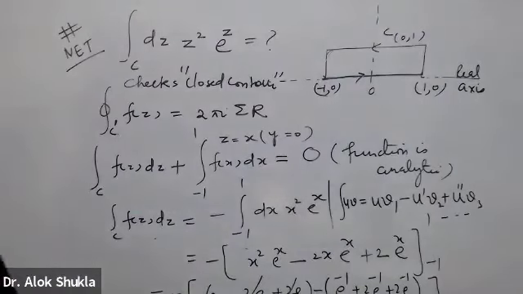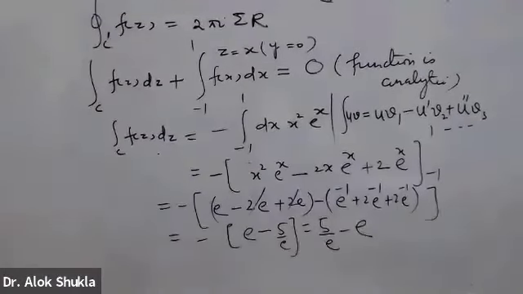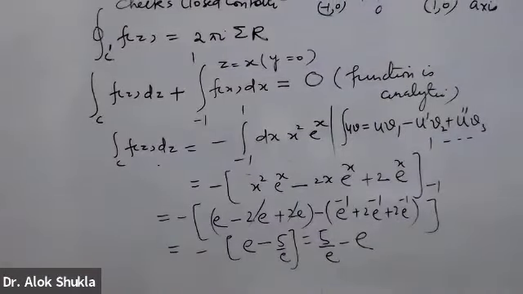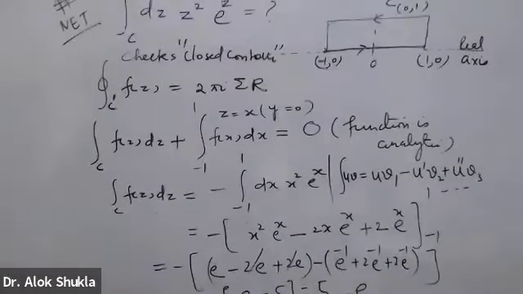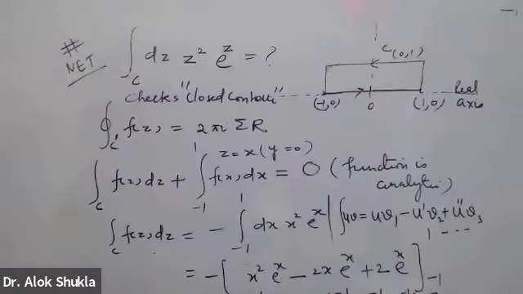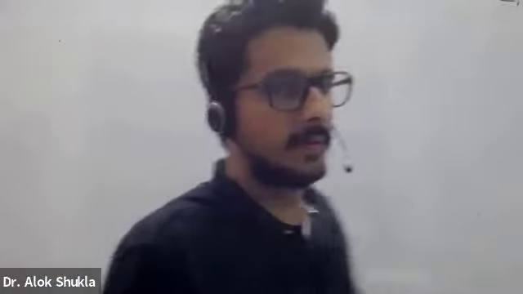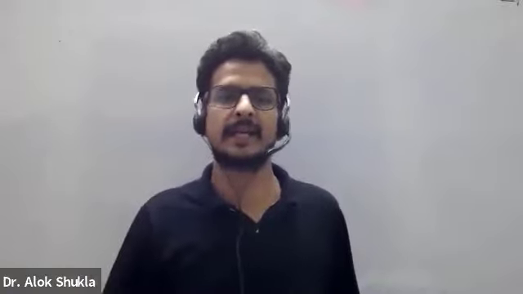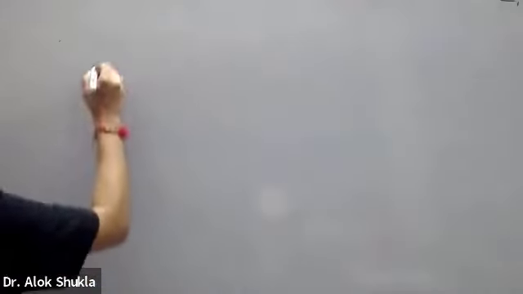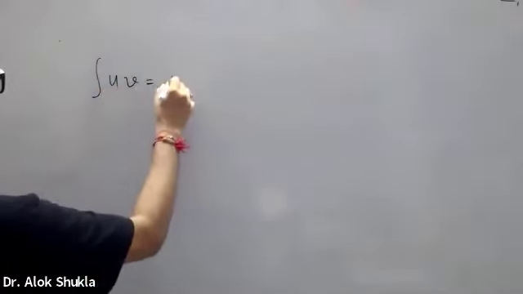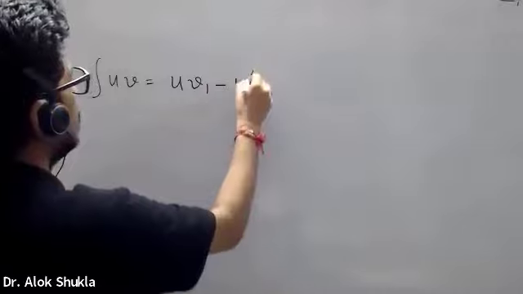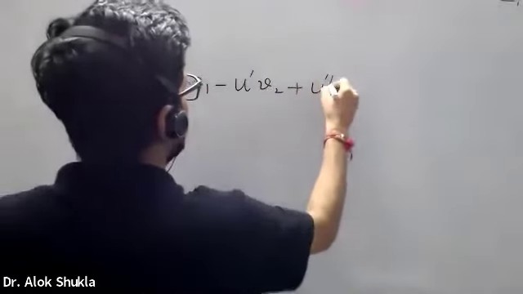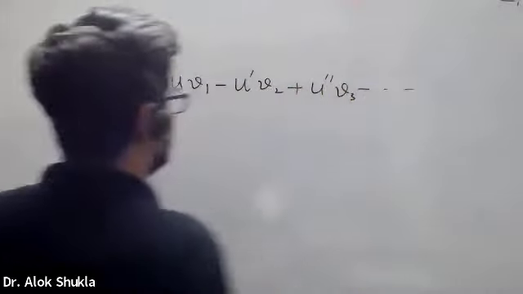Got it? Yes, sir. Lower part everybody has written? Yes, sir. Okay. So let me erase this also. And this UV formula, please remember that formula. If you don't remember it, we will be using that very frequently. Integration UV is equal to UV1 minus U dash V2 plus U double dash V3 minus, like that.